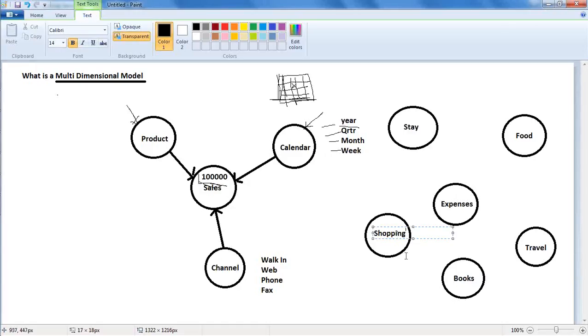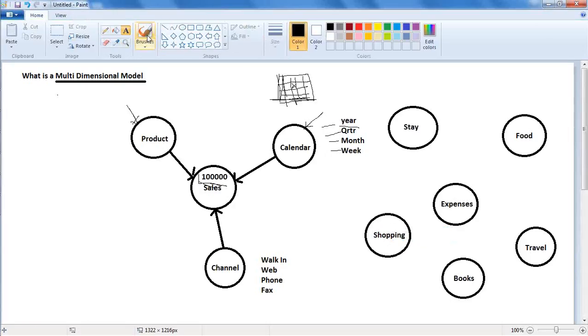Now, when I want to analyze my expenses, I would like to analyze them from different perspectives. Rent and stay is one perspective, food is another perspective, travel is another perspective, books is another perspective, and shopping is another perspective.